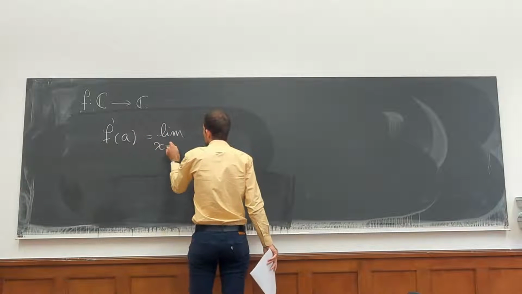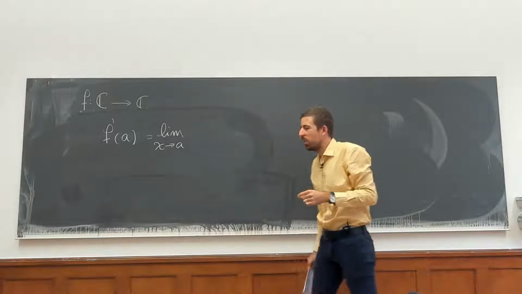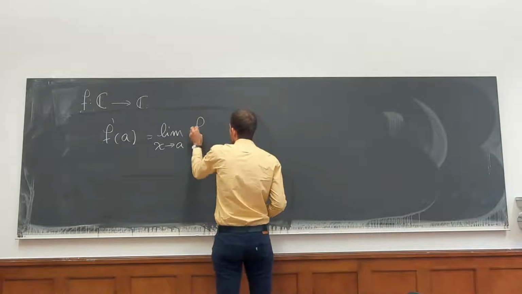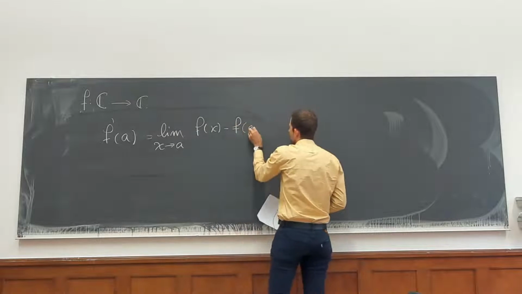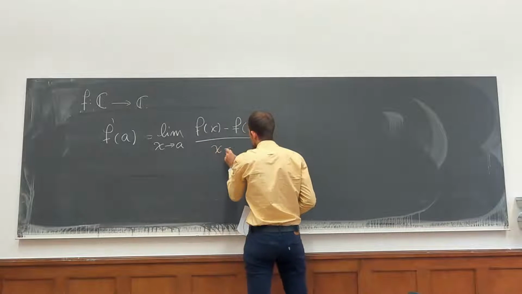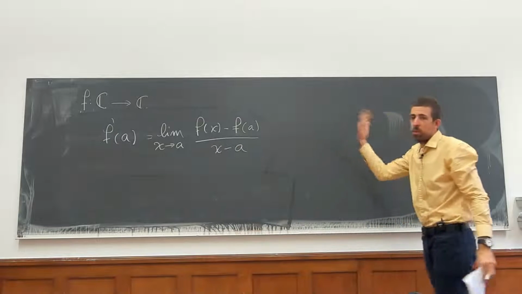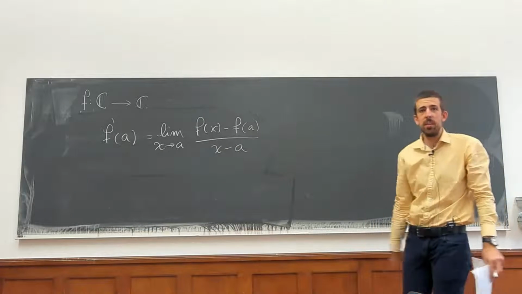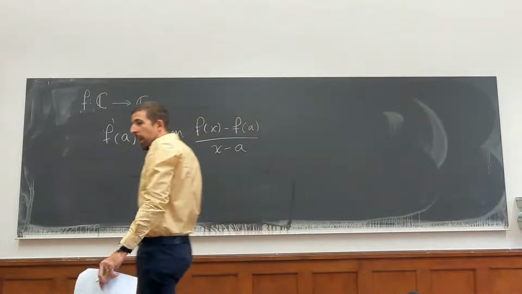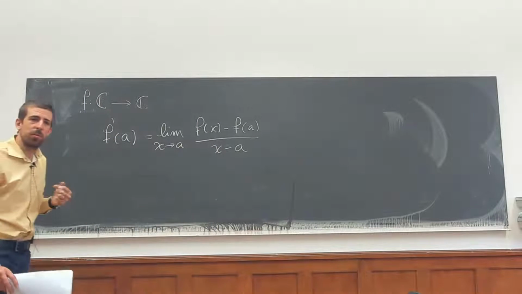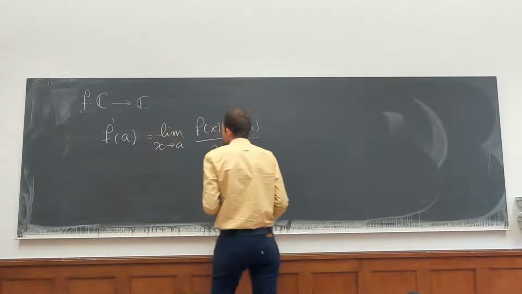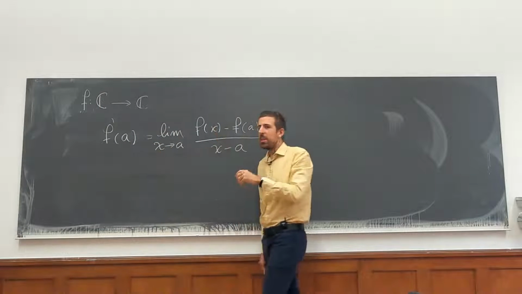Okay, so it's simply the definition that you're used to over the reals. Right, and of course the function is differentiable if the limit exists. And the big difference here is that x can approach a from any direction.